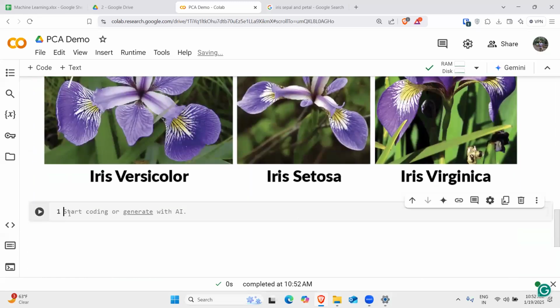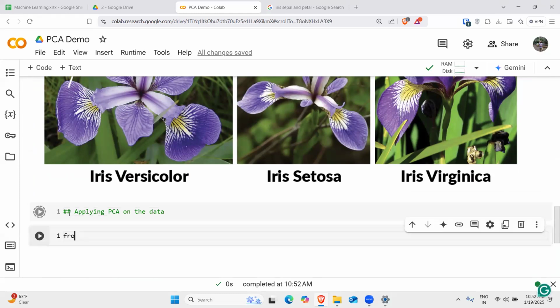We'll apply PCA on the data that we have. From sklearn.decomposition we're going to import PCA.